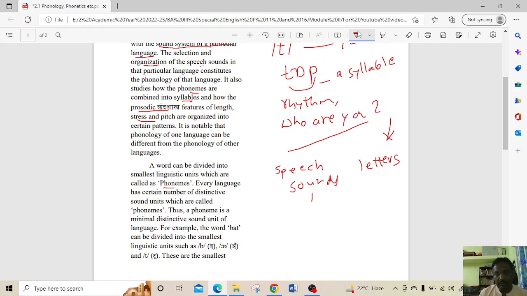Now, the sounds that are used in the English language, there are a total of 44 sounds, and letters are 26.